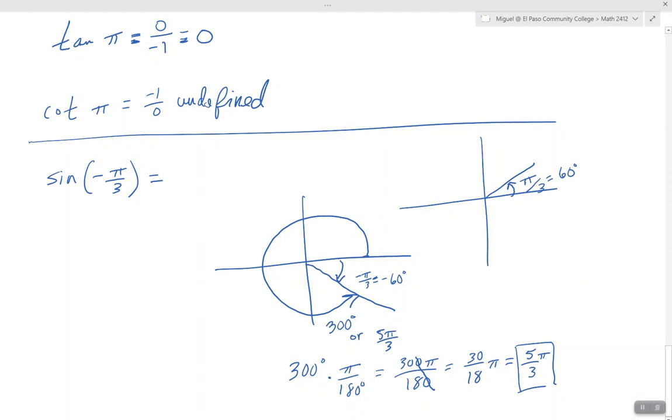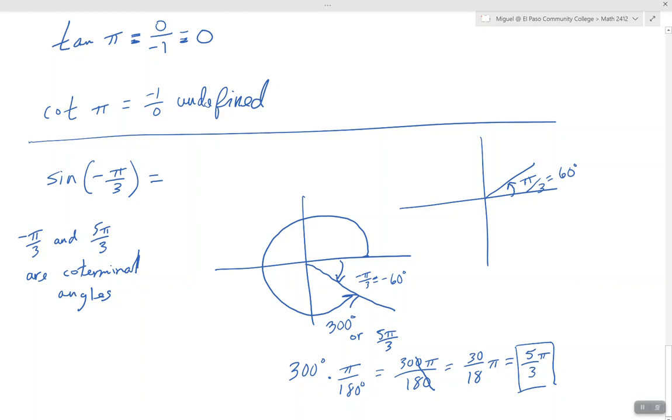So these two are coterminal, right? Negative pi over 3 and 5 pi over 3 are coterminal angles. Earlier we were saying coterminal angles share a terminal side, right?